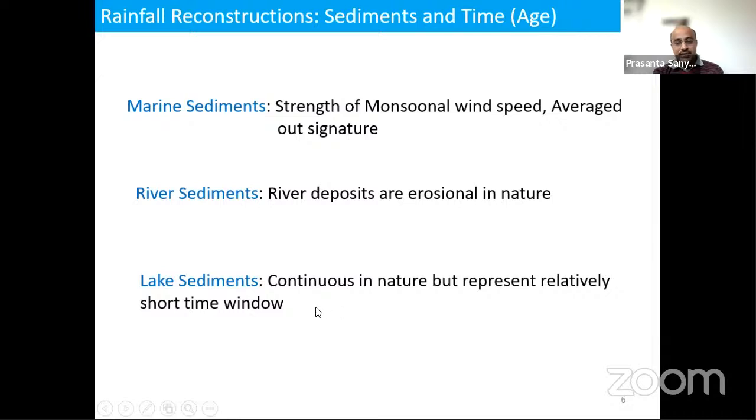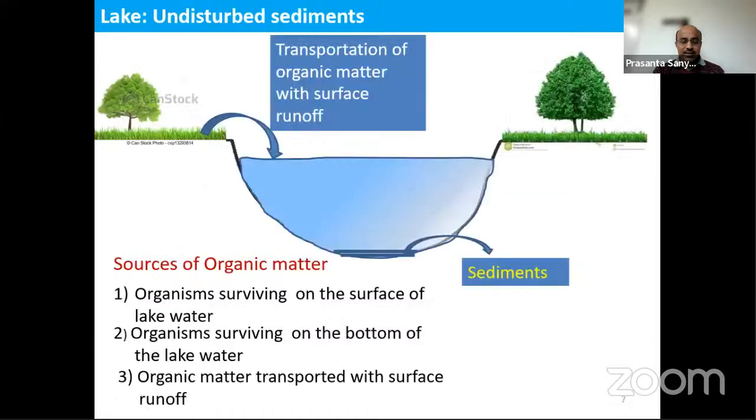In most cases, sedimentation in lakes is continuous, but it also has its own limitation. So in this talk, I'll be discussing how we have used lake sediments to reconstruct these two monsoonal rainfall variations. Now, as I said, we have used the isotopic composition of organic molecules to reconstruct this past rainfall variation.